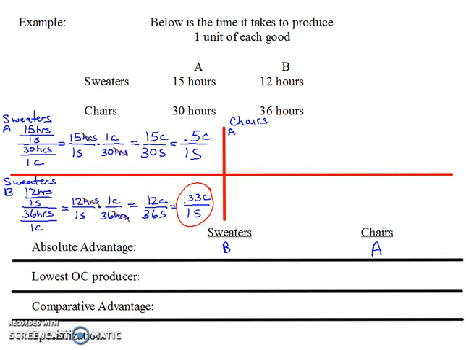And this is going to be person A. Now we're producing chairs, so we're going to start with that in the numerator and let it work its way down to the denominator. So it takes A 30 hours to make one chair, all divided by 15 hours to make one sweater, multiplied by the reciprocal, so I get 30 hours over one chair times one sweater over 15 hours, and then divide that out.